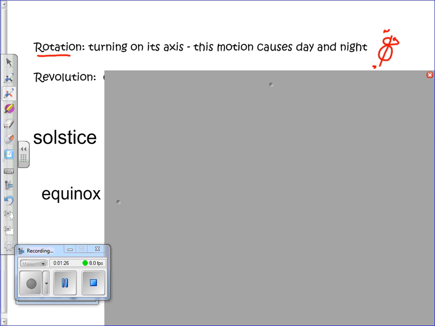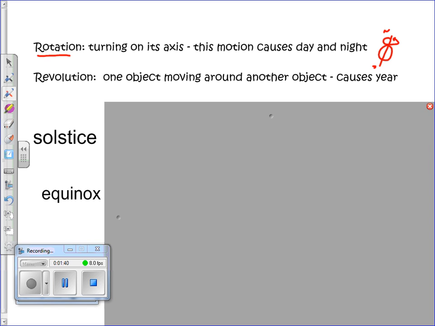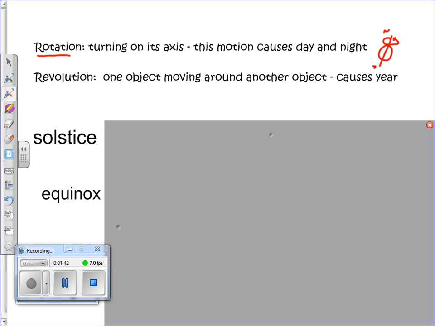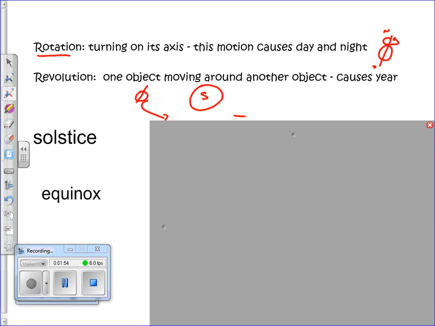The second type of movement is revolution. Revolution is what type of motion? They're both circular motions. Yes, it's revolving around something else. So one object is moving around another object. So here we would have the sun, and then here's the Earth, and the Earth is revolving around the sun.